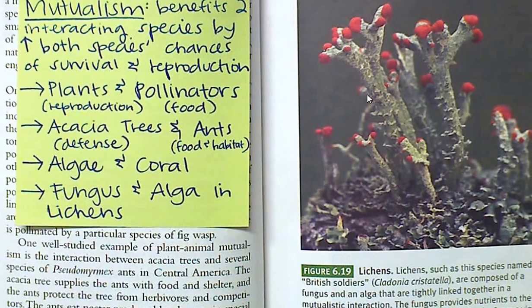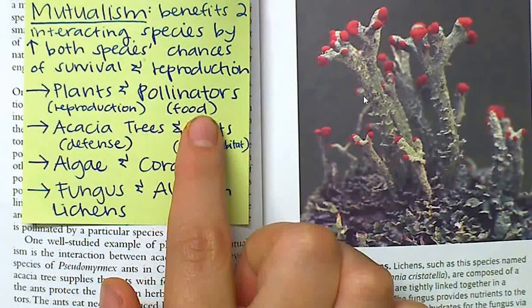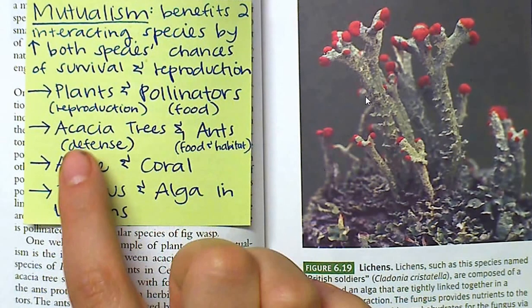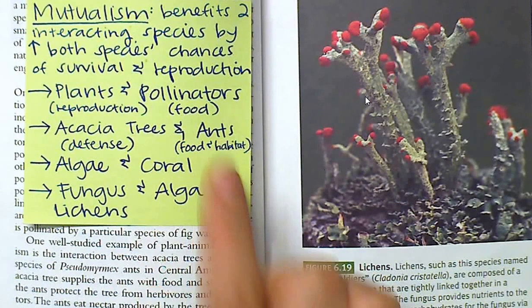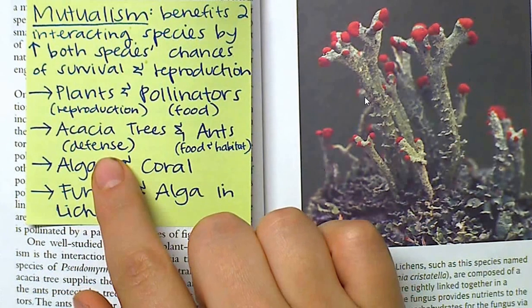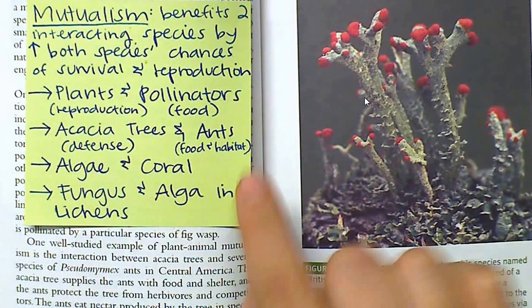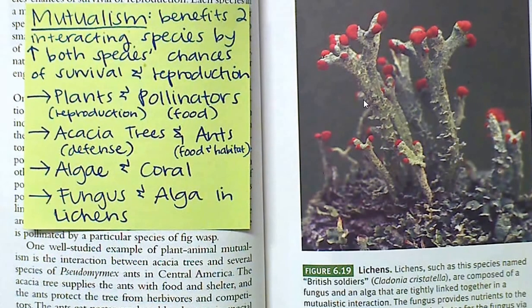Plants get to perform reproduction and pollinators get food. Okay. Acacia trees and ants, which is in figure 6.18, if you'd like to take a look at that. The acacia trees have defense from other predators, and the ants have food and habitat. They eat the nectar, and they're able to actually live inside the acacia trees.